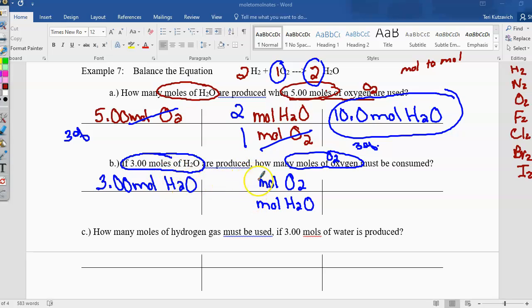What numbers go here when you have moles on top and moles on bottom? The coefficients from the balanced chemical equation. So 2 is in front of water and 1 is in front of O2. Your moles of H2O are going to cancel. When you solve this, you take your 3 times 1 divided by 2, and you are left with 1.50 moles of O2.